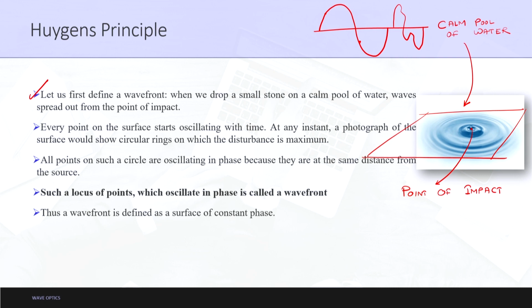At any instant, a photograph of the surface would show circular rings on which the disturbance is maximum. These are the circular rings being drawn here. These circular rings are nothing but the locus of the points on the surface which have a maximum displacement.